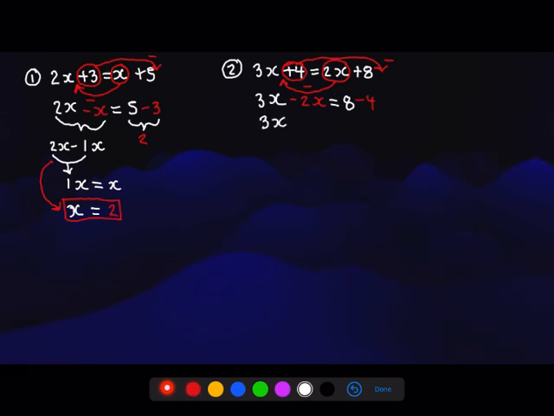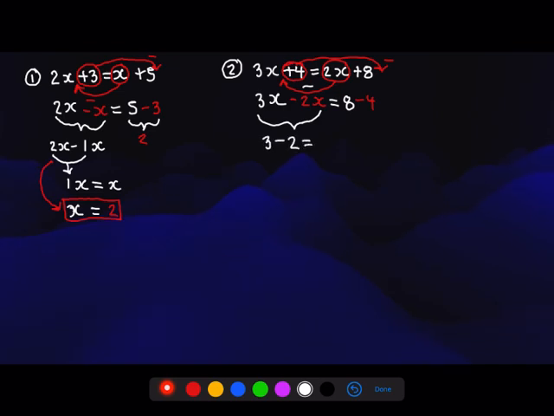Now it's like saying in easier ways, you're technically just saying 3 minus 2. I'm just going to show how it's equivalent.